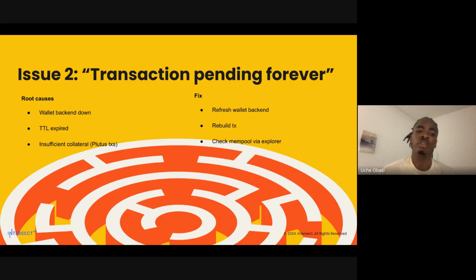If the TTL is expired, you have to reboot the TX. If you have insufficient collateral, then you have to check the mempool. So these are some of the root causes and potential fixes for issues like this.